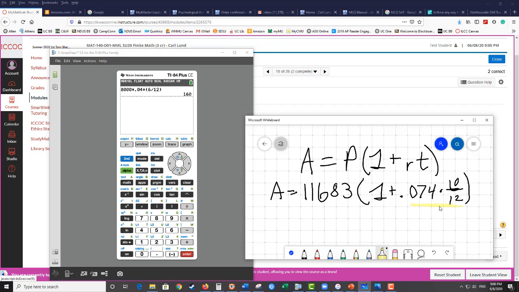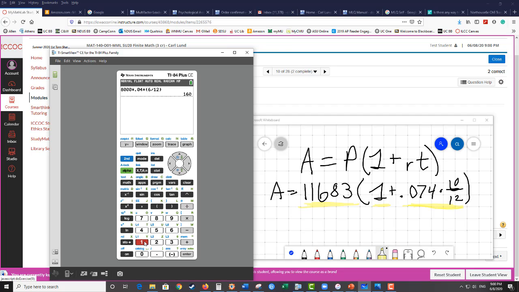So step 1 here would be to multiply 0.074 times 10 over 12. Then, step 2, I add 1 to that answer. Now, I've done everything I can do inside my parentheses.